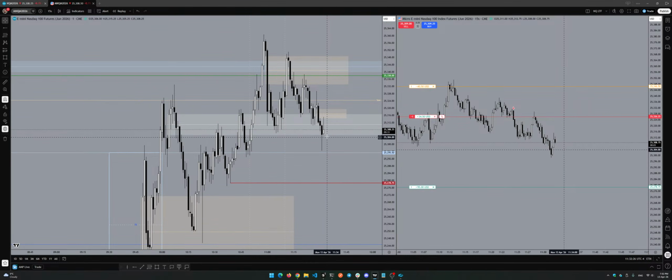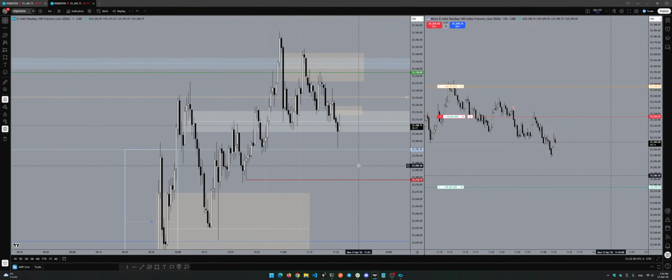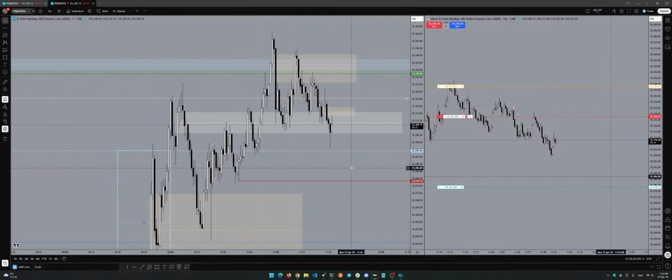But if we get another close below the midpoint, then there is still a chance. $11.32. This is our draw. I should remember that draw is not the same as target. It can be, but it doesn't have to be.